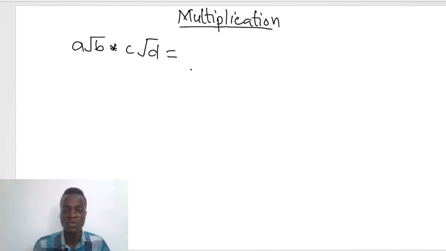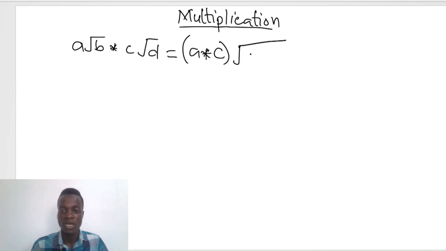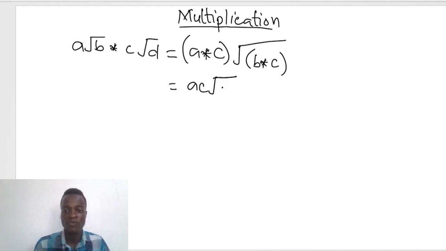Simply, for multiplication, those that are outside, a and c, you multiply them, and then the square root of those inside the square root: this time they interact, so they multiply among themselves. You put them under one umbrella as well. So what you have is ac outside, and the square root of bd. That's what you get at the end of the day. So simply put, that's how multiplication works.